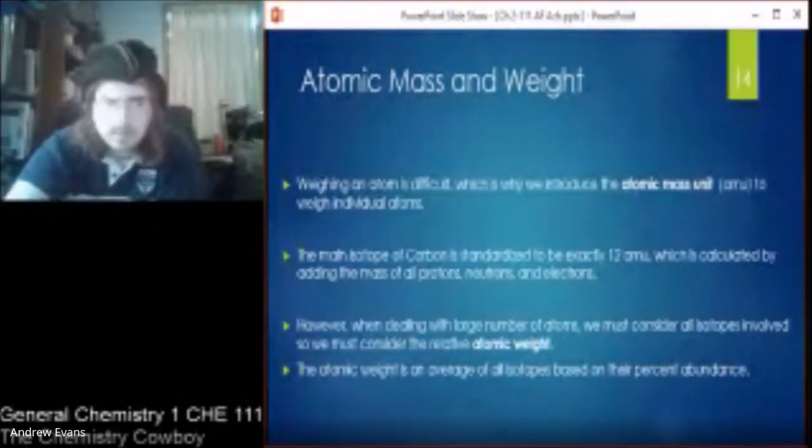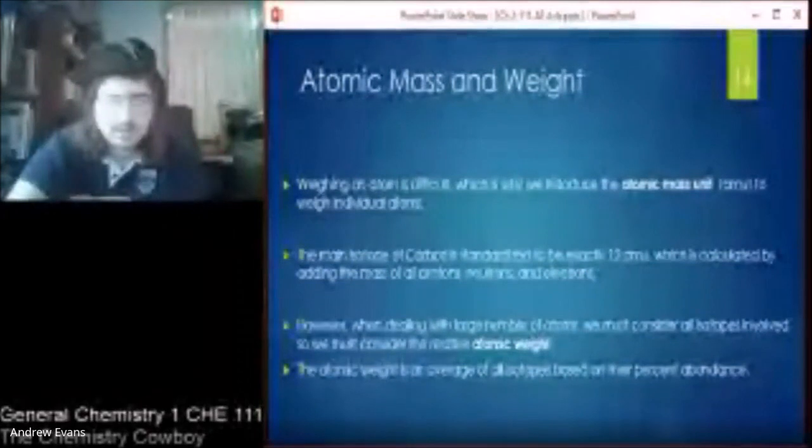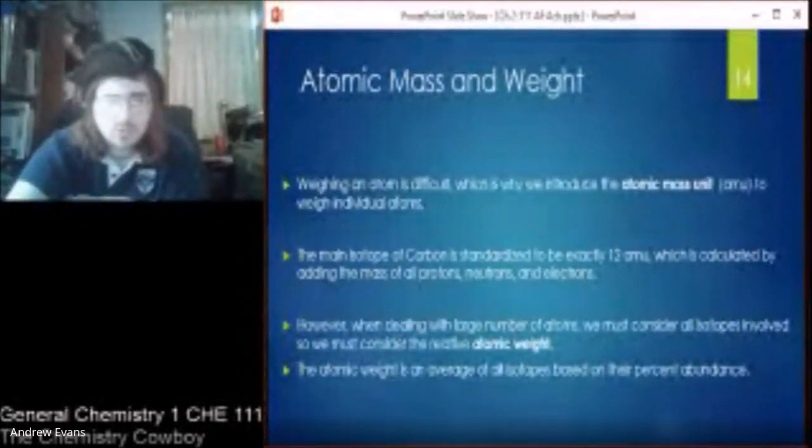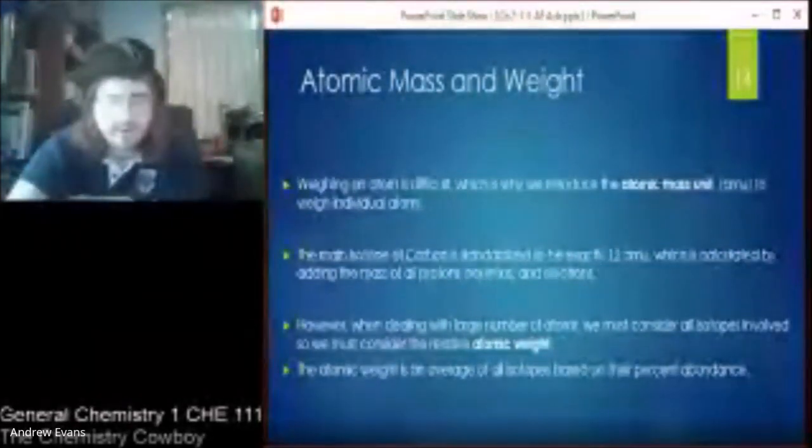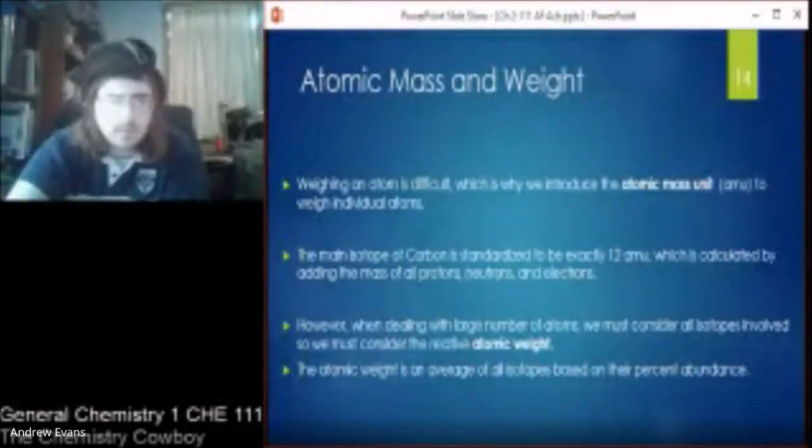However, when we're dealing with a large number of atoms, we're going to get some mixture of isotopes. No matter how hard we try, we're not going to get a perfect sample of all carbon 12, all chlorine 35, or all boron 10.